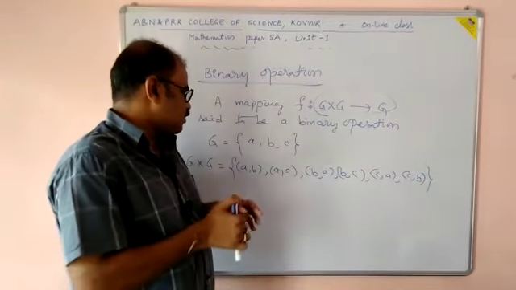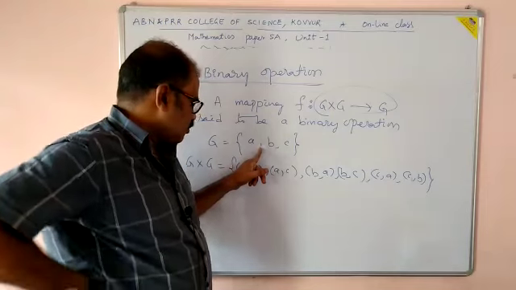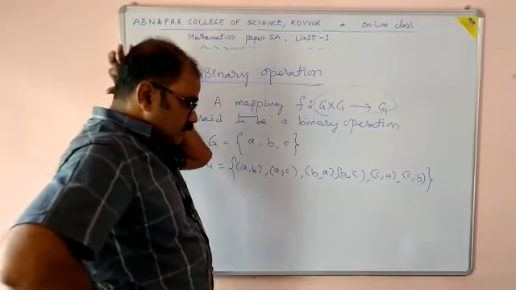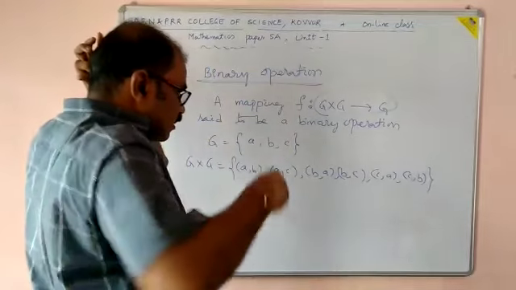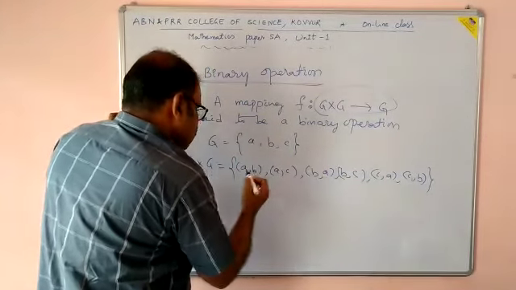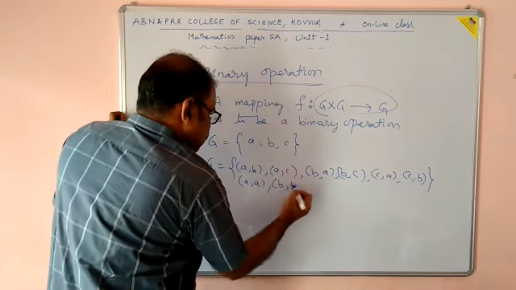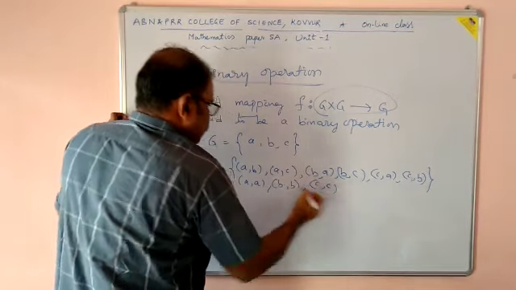There are 3 elements in the non-empty set G, and in G cross G, we will get how many elements? 9 elements.